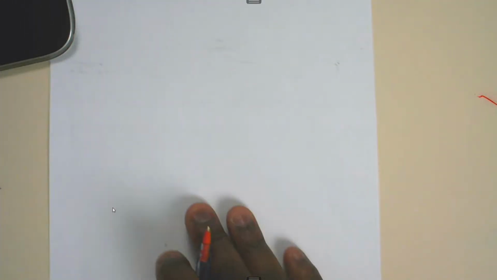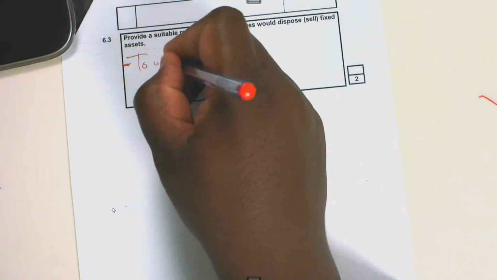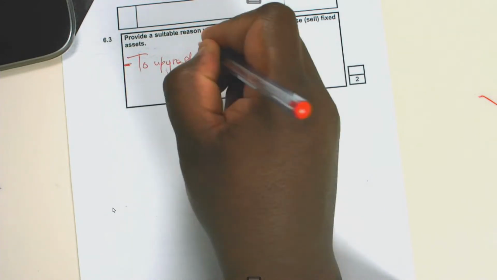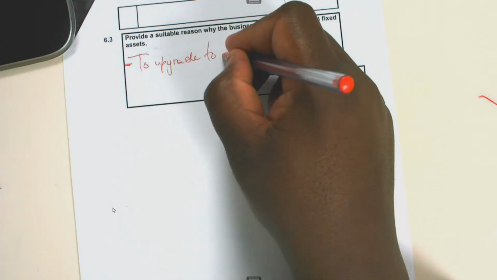Lastly, it is an internal control question that says: provide a suitable reason why the business would dispose of or sell fixed assets. The business would sell their fixed assets due to a number of reasons. Among those reasons would be to upgrade to a new technology.